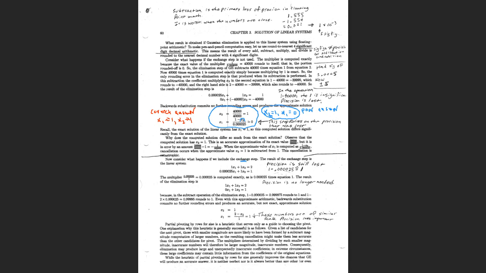Interchange the rows. Make the second equation your first equation, and your first equation your second equation. And then you can use the 1 here as your pivot.